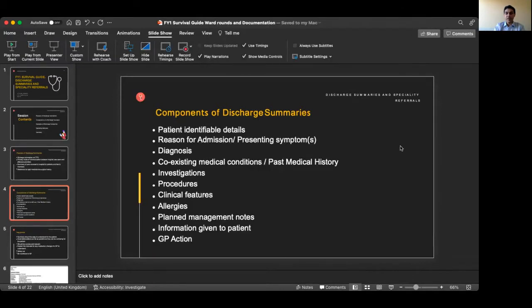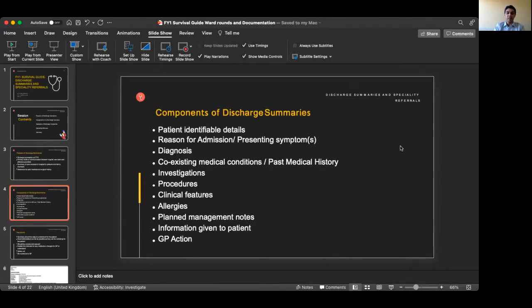Other components of a discharge summary, you have the planned management notes. So that's usually where you'll write the plan for any management in the community. For instance, this patient will be reviewed by district nurses to change their wound dressing, or they'll have an outpatient appointment with this specialty to follow up on this.